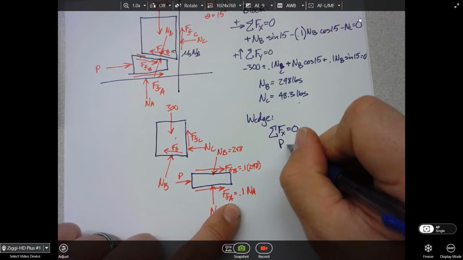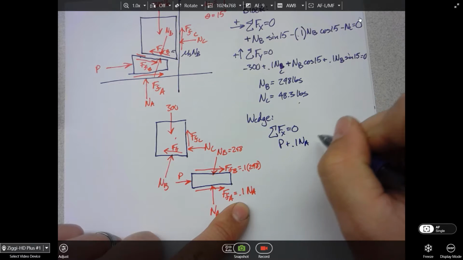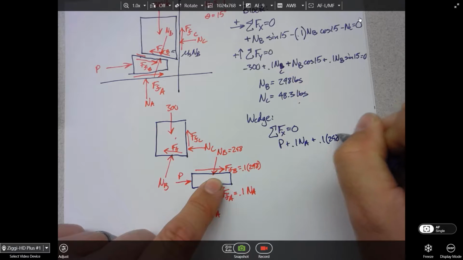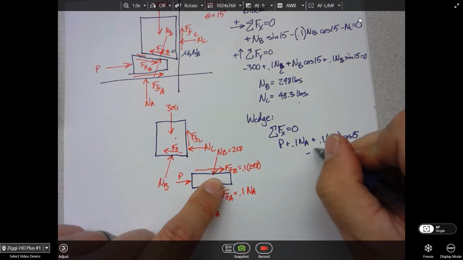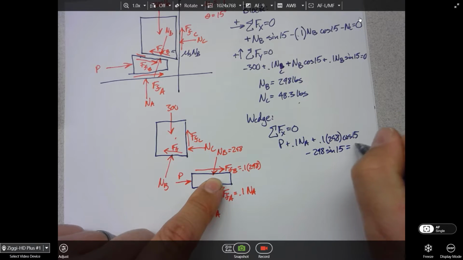So I'll have P plus 0.1 NA plus 0.1 times 298 times the cosine of 15, then minus something, right? Minus what? 298 sine 15 equals 0.